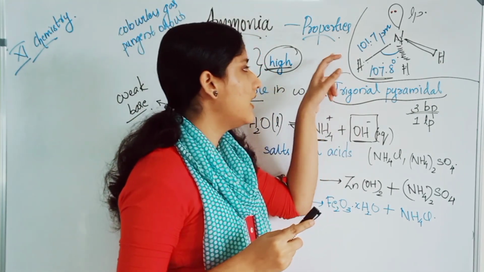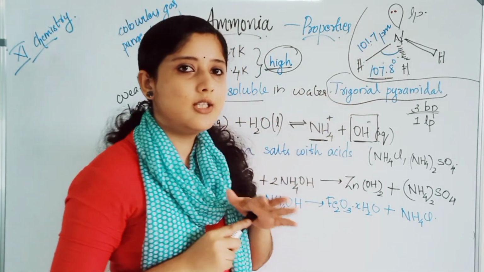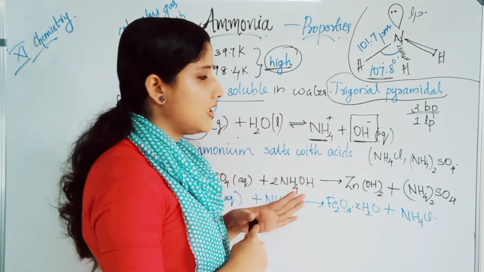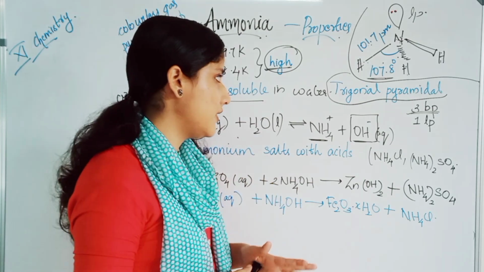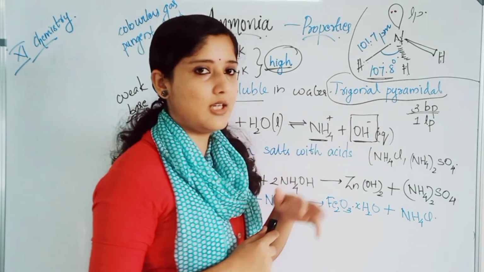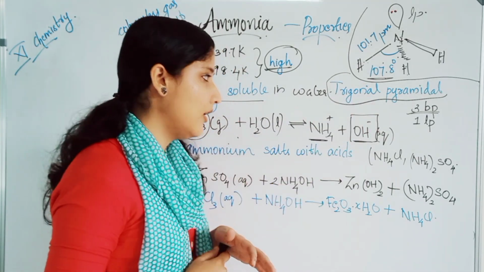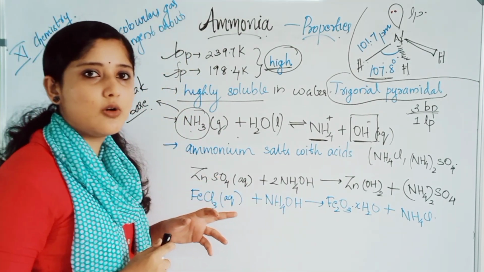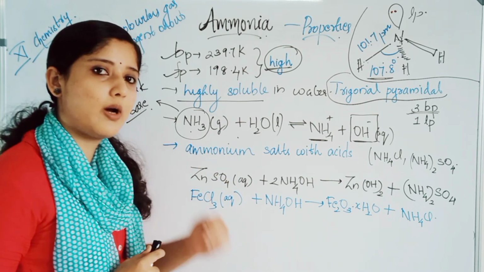Here nitrogen forms three bond pairs with hydrogen and there is one lone pair on nitrogen, and the geometry is trigonal pyramidal.